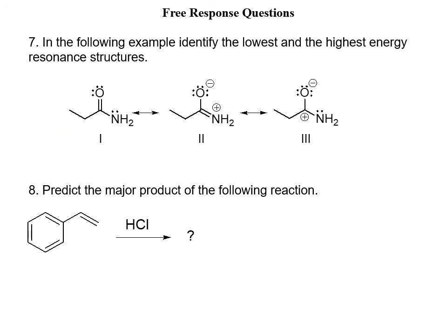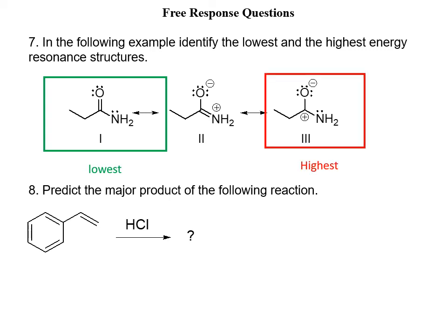Question number 7. In the following example, identify the lowest and the highest energy resonance structures. The lowest energy structure is going to be the one without any charge separation. And that would be structure 1. Now, structures 2 and 3 have the same number of unpaired electrons, same charge separation, 1 positive, 1 negative. But structure 3 has, sorry, I made a mistake, it's not unnatural charges.